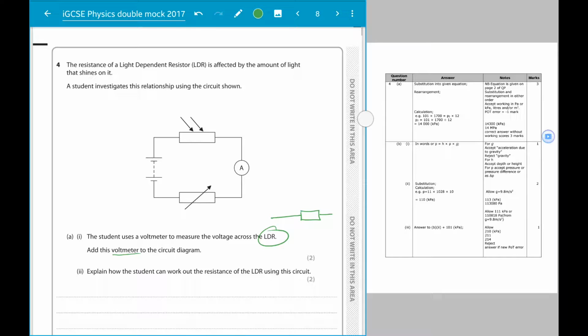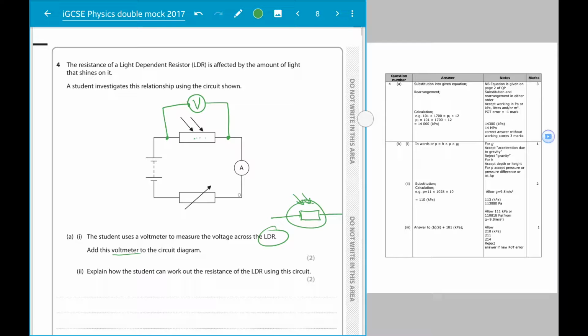Sometimes you see the diagram for an LDR looking a little bit like this: a resistor box, light goes in, and sometimes you have a circle around it as well. We can see here that the LDR is this component at the top. Voltage can be measured by putting a voltmeter across it like that. And that would have got you the 2 marks.